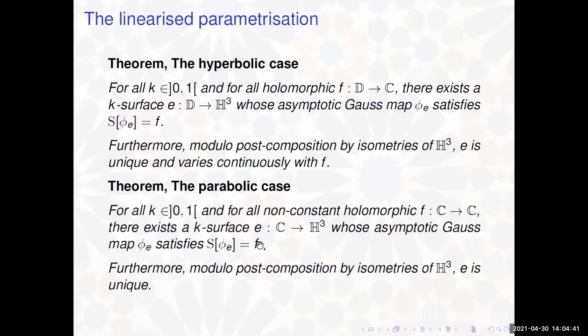These are two nice linearized parameterizations of the space of K surfaces. Furthermore, in the parabolic case, modulo post-composition by isometries of H3, E is unique. But note that we don't have continuity, and as I said, I suspect that the solution does not vary continuously with the data.